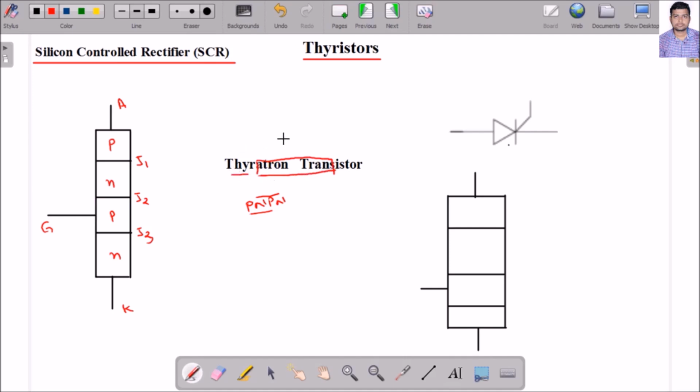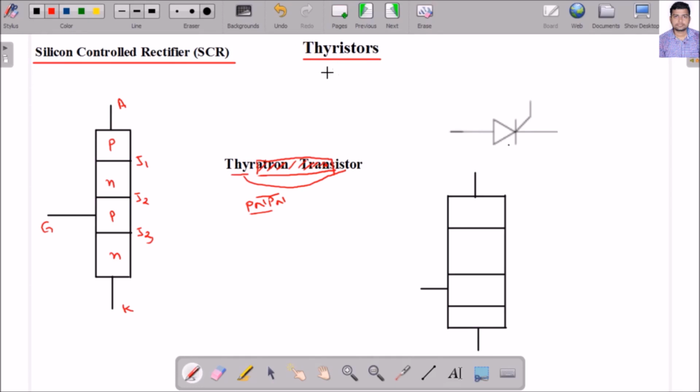If I combine the words thyratron and transistor, I get the word thyristor. Basically a thyristor is a solid state device like a transistor, because it has a PNPN structure, and it has characteristics like those of the thyratron tube. So it is known as thyristor. Actually thyristor is a family.